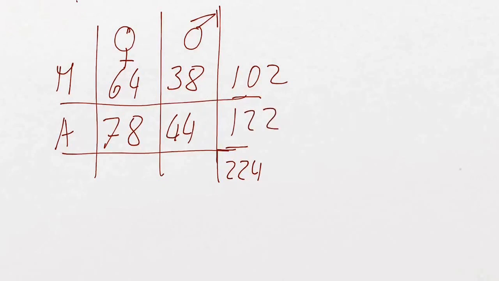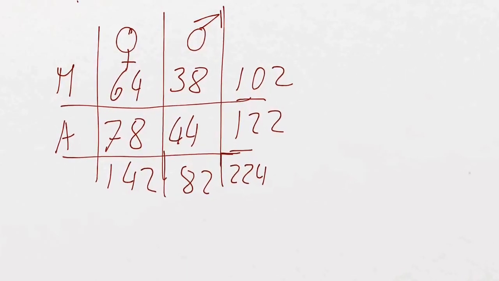How many girls do we have? With girls, I mean females. Biologically female. 142. And how many true men? 82, yes. Okay, so these are our margins, and if you do the count, they all add up to 224. Yes, we haven't missed out on anyone.